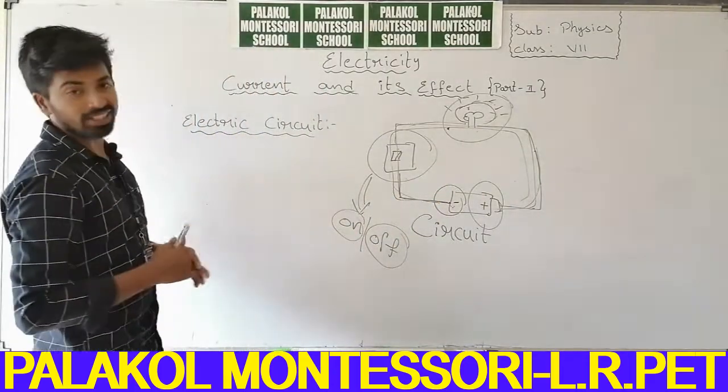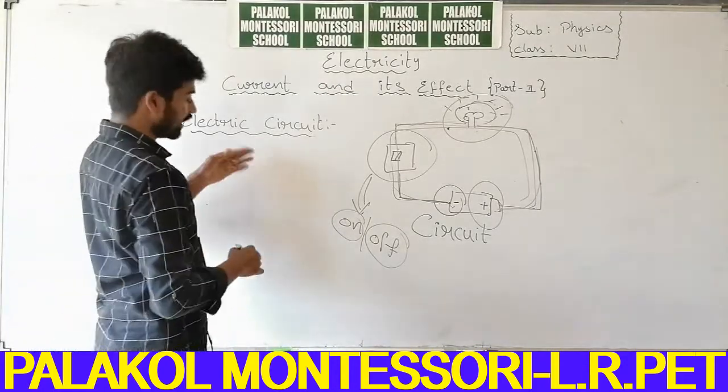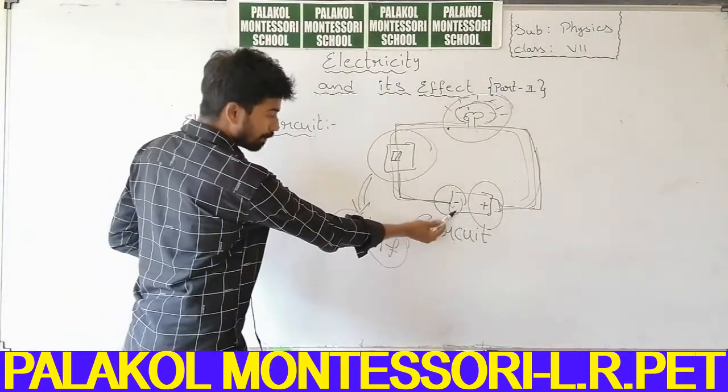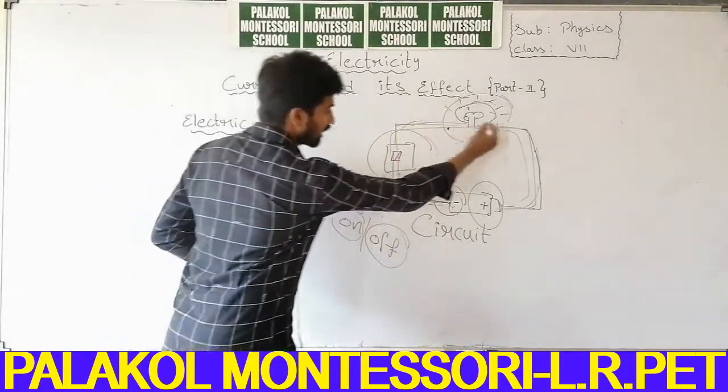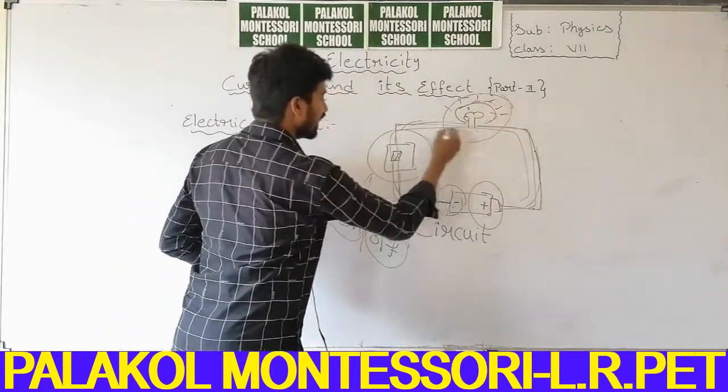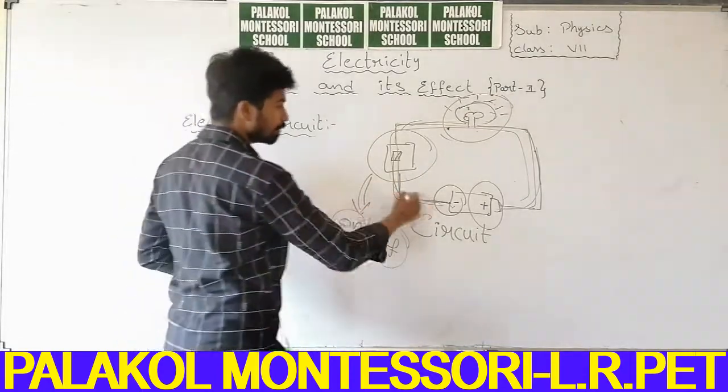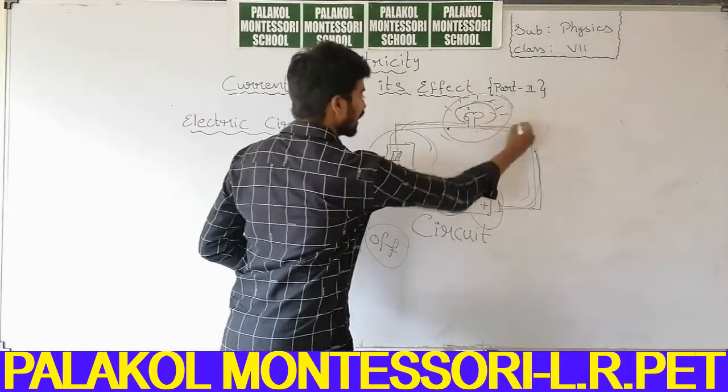So how can we define an electric circuit? An electric circuit is a closed path, a closed connection between the terminals of the battery through electric components. In this path we are connecting some electric components.